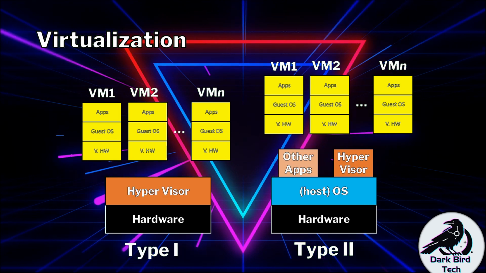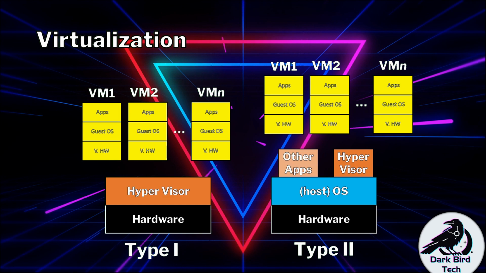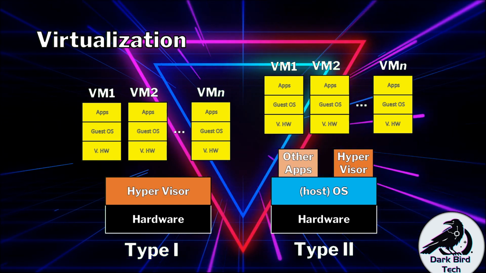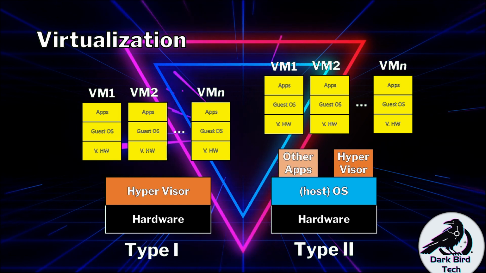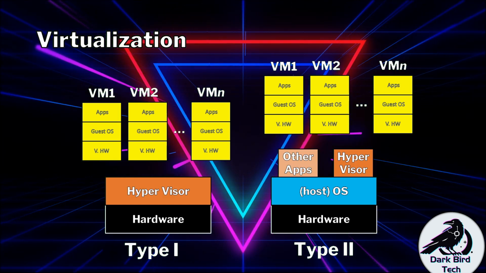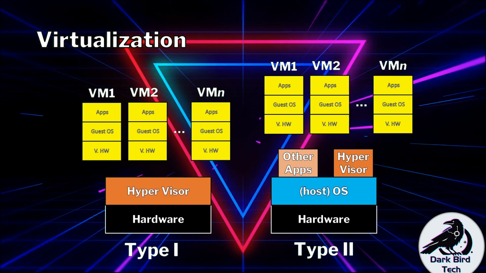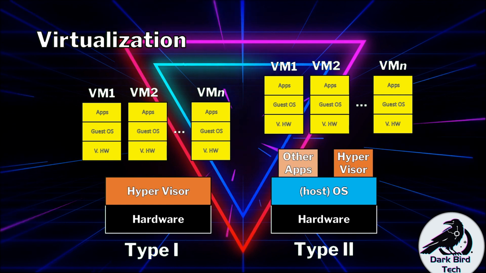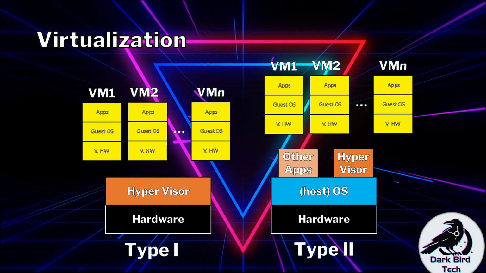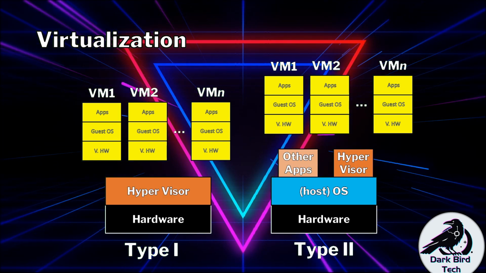Now, to me, this is pretty cool, because what you do get here is more resources available for the VMs, because you're not dedicating CPU and memory to a host operating system, which is pretty awesome. And it also can be way more stable, because with type 2, your host operating system can have bugs and instabilities and security vulnerabilities that can lead to it and any applications, including the hypervisor, failing and taking down the VMs with it.